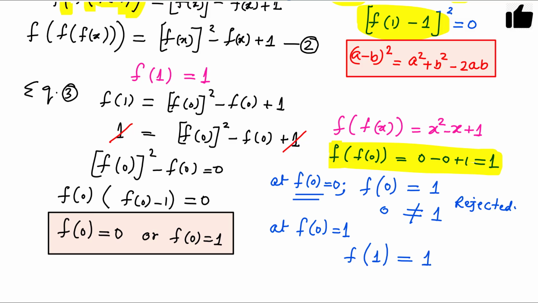But earlier we have already proved that f(1) equals 1. So 1 equals 1, and this satisfies the original equation. So I can say f(0) equals 1 is the only solution for this problem.